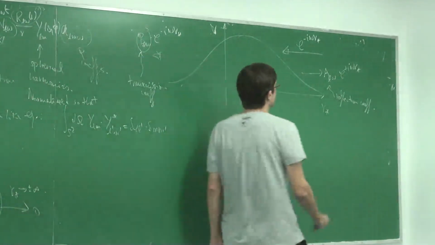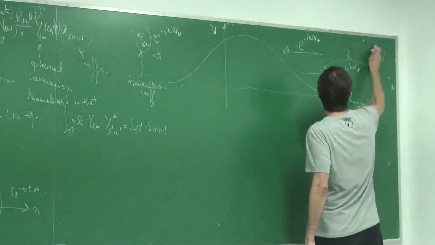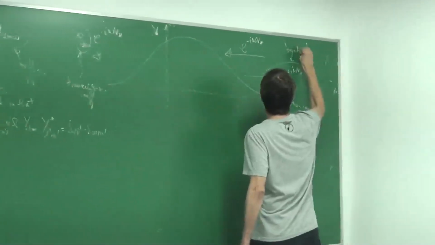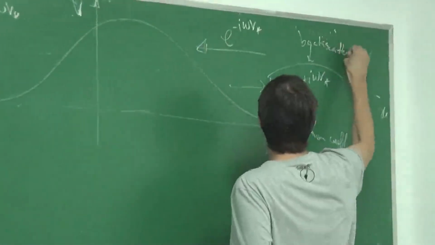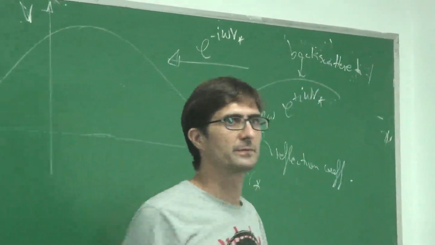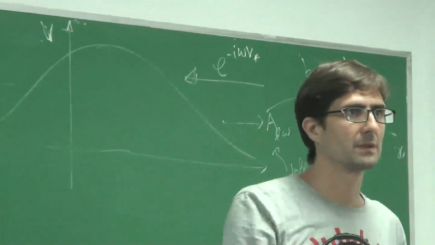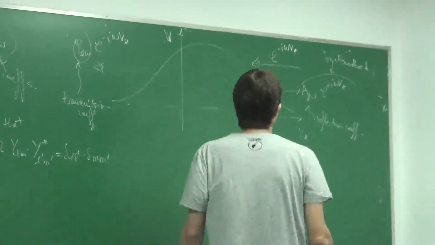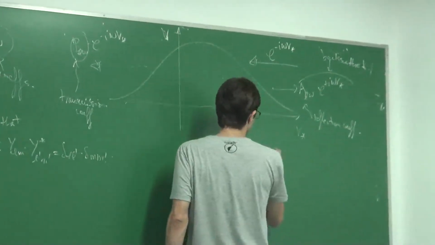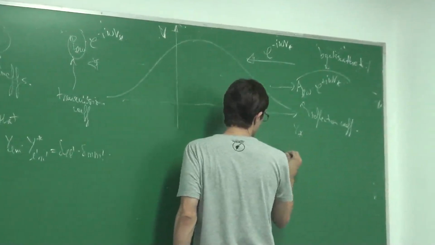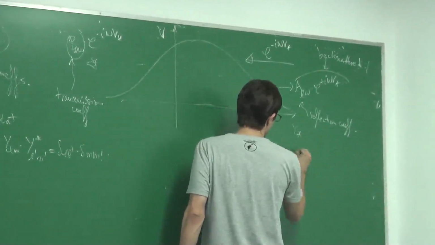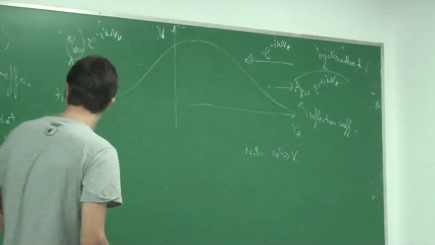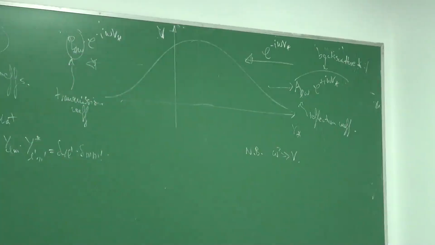This is the backscattered part of the wave, the one that doesn't make it through the potential. Note, as omega becomes much larger than V, you can ignore V.